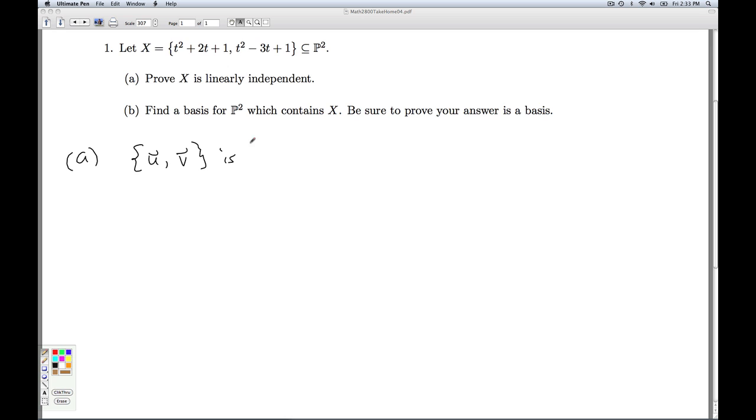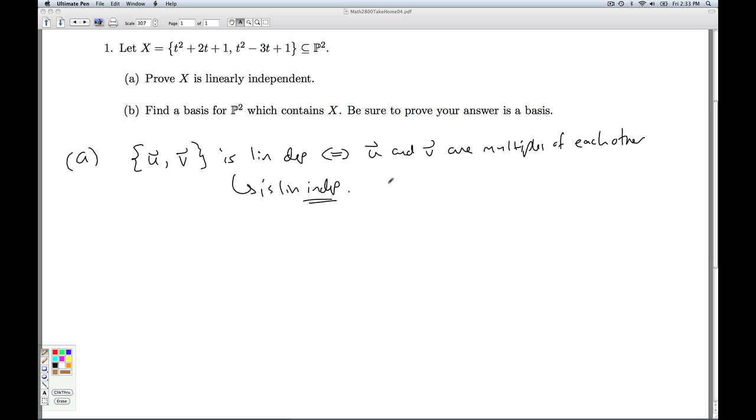So this is linearly dependent if and only if u and v are multiples of each other. That means that this is linearly independent if u and v are not multiples of each other.